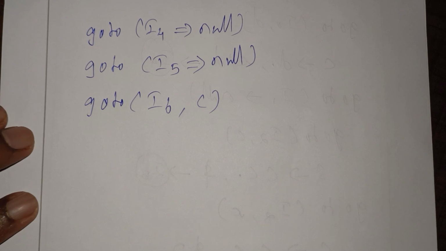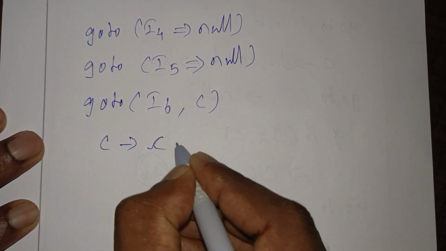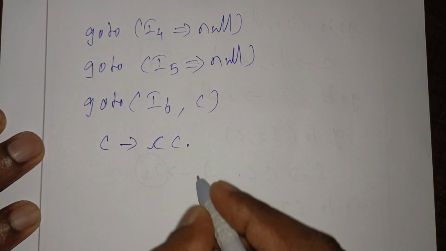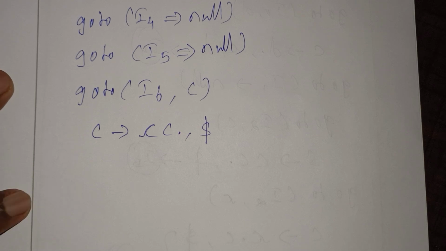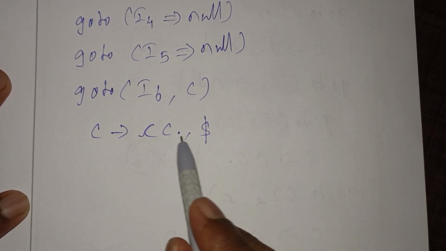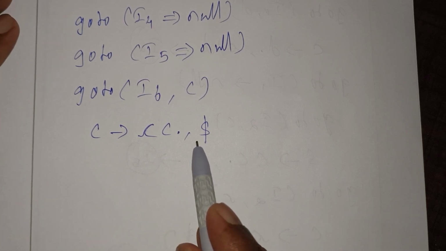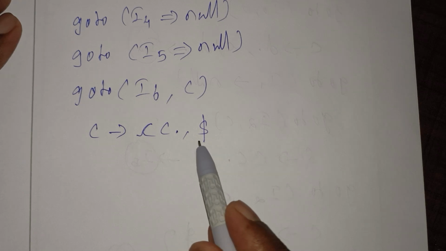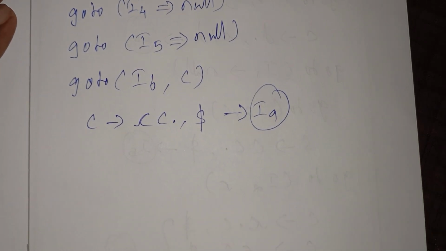Here we have a capital C to be moved, so C tends to c C dot, comma, dollar. So I think this is a new iteration. If you check the previous iterations, there is no such production, so this is going to be iteration number 9, right?